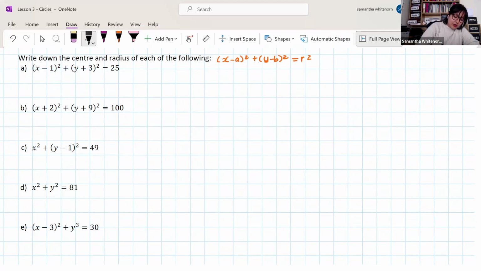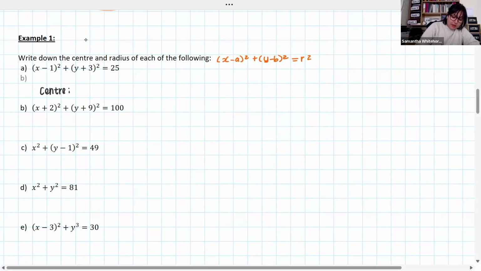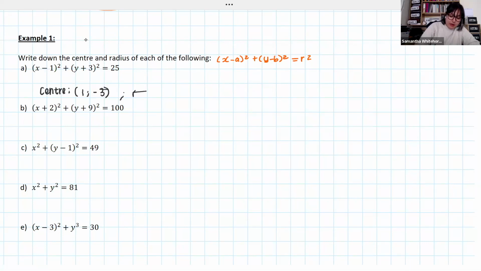If we look at the first question, we can easily find out what our center is, because our center is the a value and the b value. Remember, the signs are the opposite, so it's (1, -3) for my center. But when I get my radius, I need to square root the value.